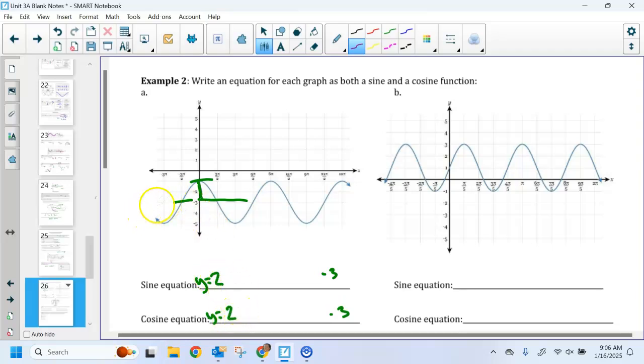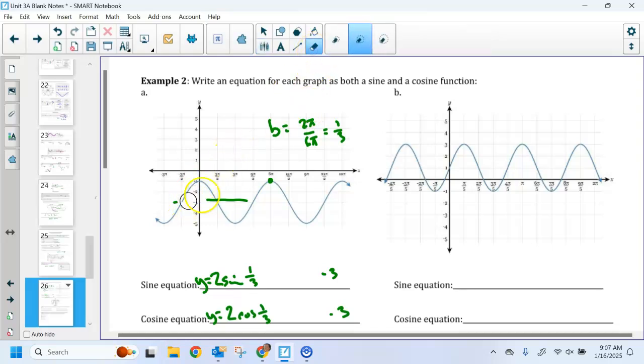And then notice for the cosine function, I'm starting at the maximum value, and I go over to 6 pi. So my period is 6 pi. If period is 6 pi, B equals 2 pi over 6 pi, which is 1/3. So of course for sine, I put in sine. For cosine, I put in cosine. My B value is 1/3 for both of them. Now I just got to figure out if there's a horizontal shift.